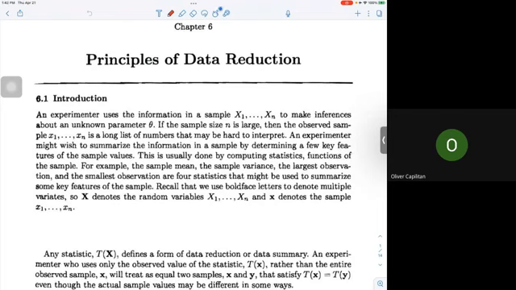Before I start, as a review, there are two major areas of statistics. We have descriptive statistics, and then the other one, statistical inference. So in descriptive statistics, it deals mainly with summary calculations like the mean, the variance, the standard deviation, and others.